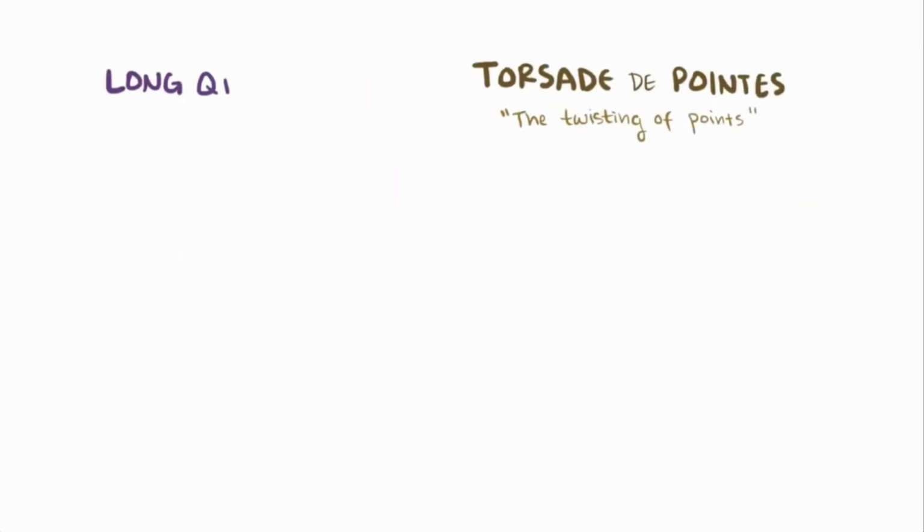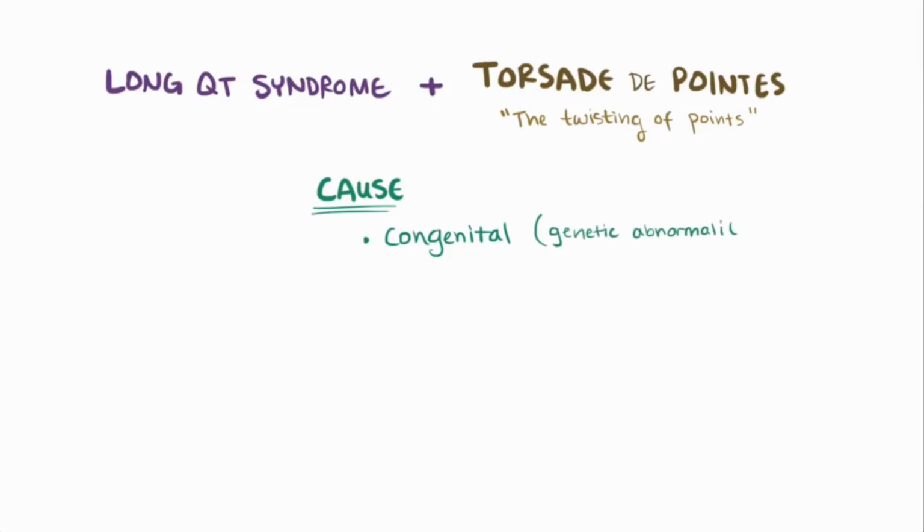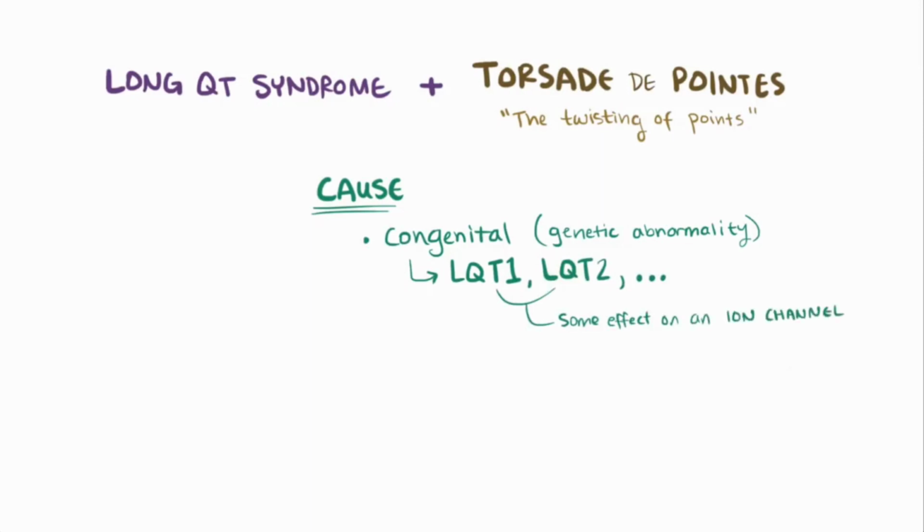Alright, so with long QT syndrome and torsades, the cause of these abnormal ion channels is often congenital, meaning it's present at birth and caused by some genetic abnormality. There are at least 10 specific gene mutations that are known to be linked with long QT syndrome, which are referred to as, for example, LQT1, LQT2, and so on, all of which have some effect on one or more ion channels.